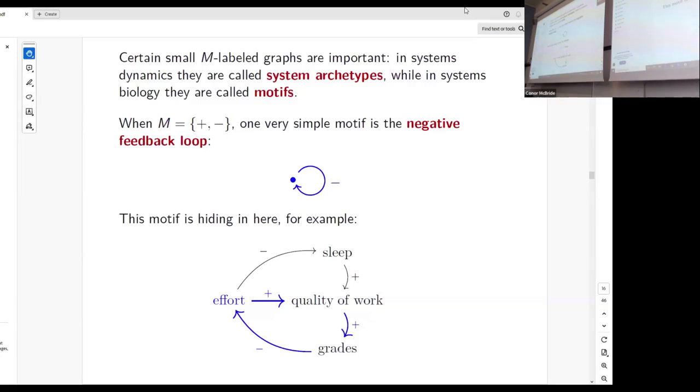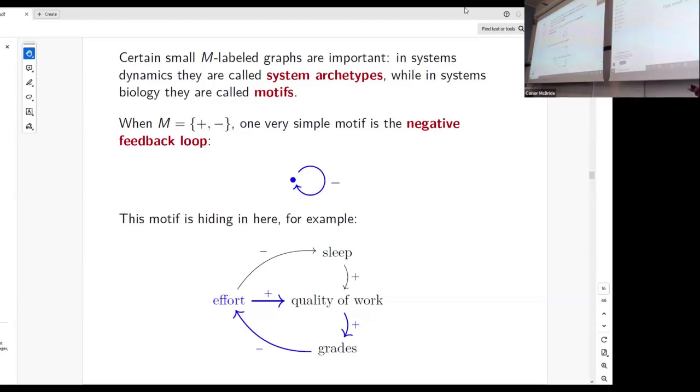So far, it seems to me that the systems biologists, by the way, have been studying smaller M-labeled graphs than the systems dynamicists. I've been looking around, and so far, the systems biologists seem to be very conservative in how large a graph they want to think of as a motif.